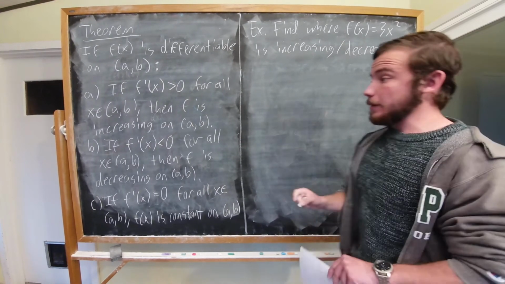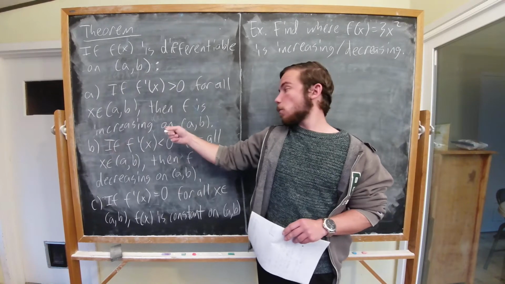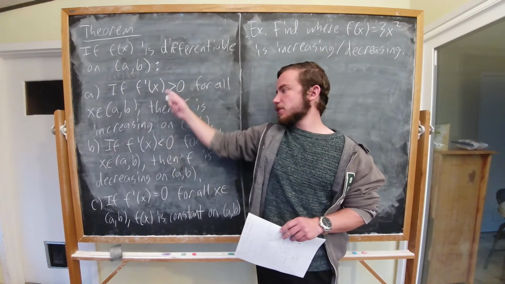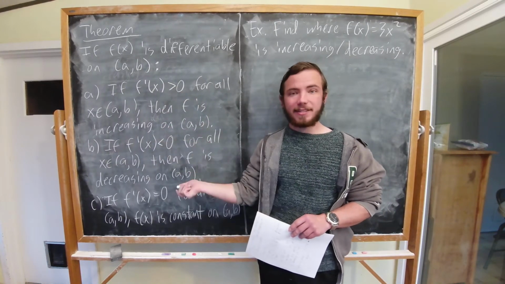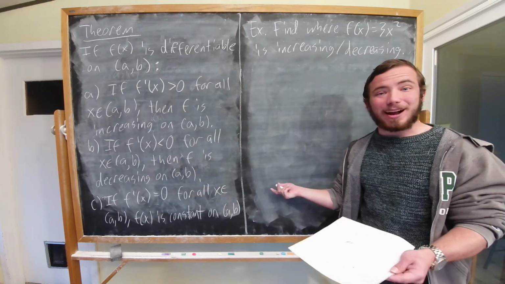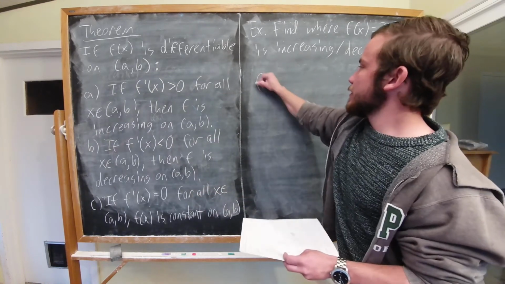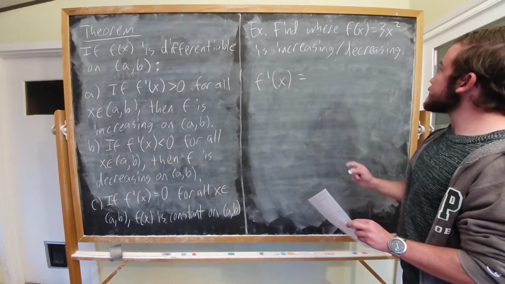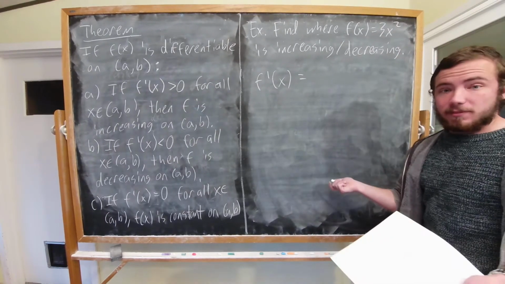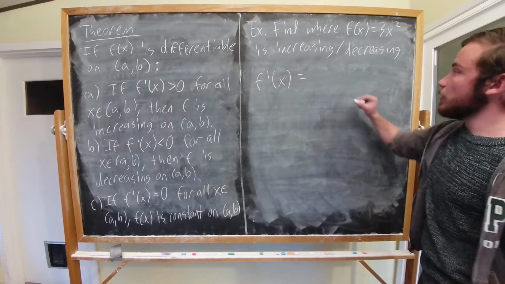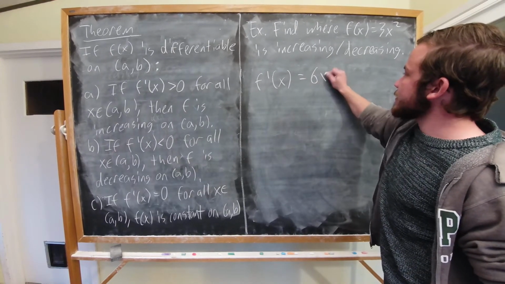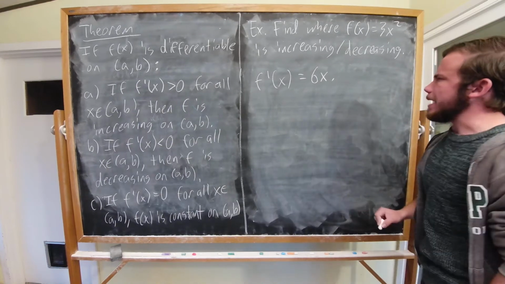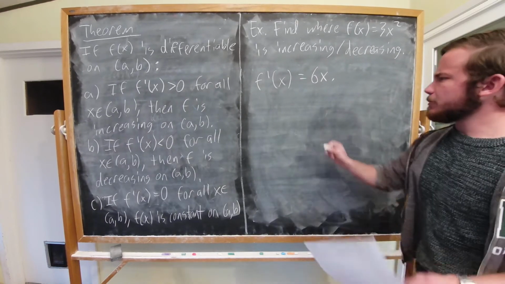Well, according to our theorem, we only need to figure out where f prime of x is greater than 0 and f prime of x is less than 0. So we should probably compute f prime of x to start. f prime of x is the derivative of 3 times an exponent of x, power rule, we'll end up with 6x.